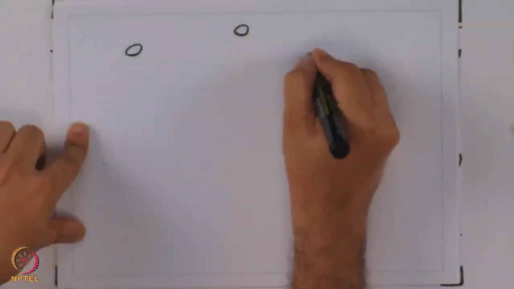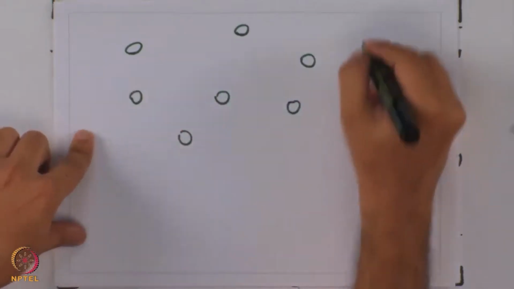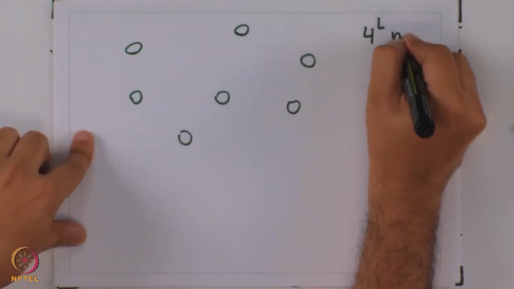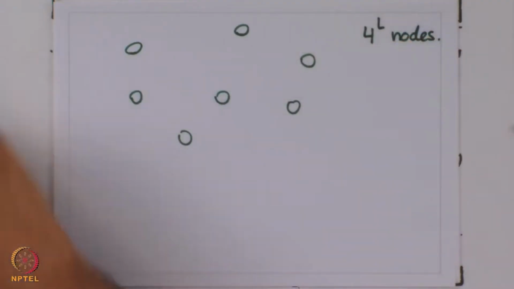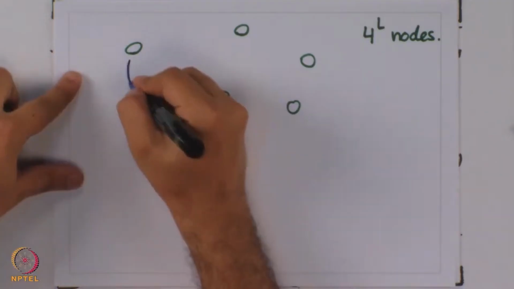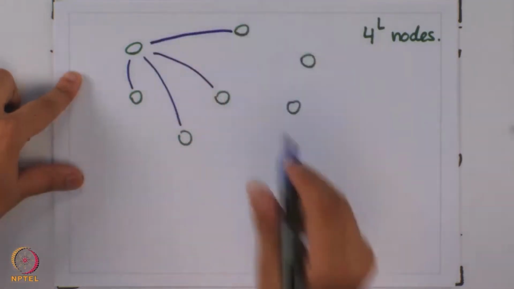So, the way to think about this problem is that let us redraw our example. These are our 4 to the power L nodes, and let us say this is the node that I am interested in, and I am interested in computing the number of neighbors of this particular node.